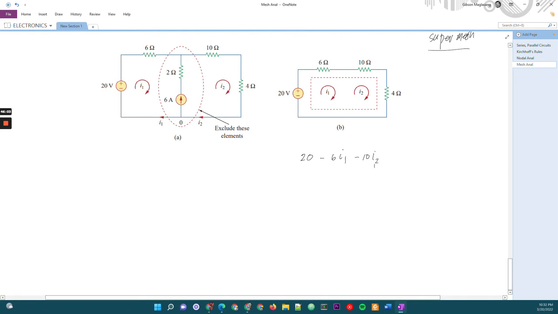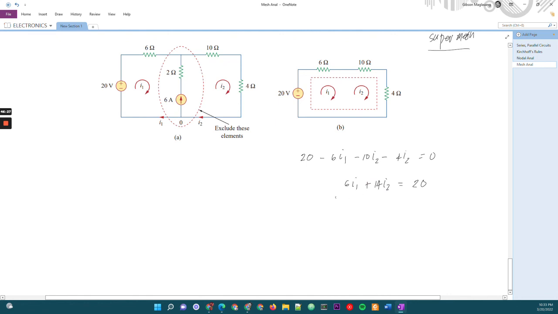Okay, agi sa diri I2 na siya. Minus 4 I2. That is equal to 0. Okay? Or simplify din mo na siya, you should get 6 I1 plus 14 I2 equals 20.